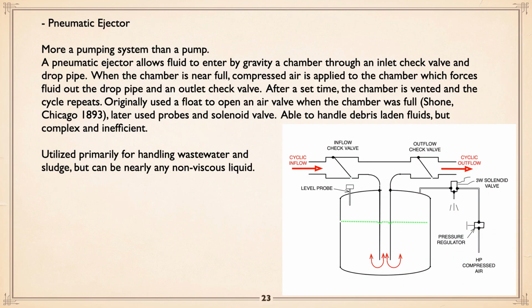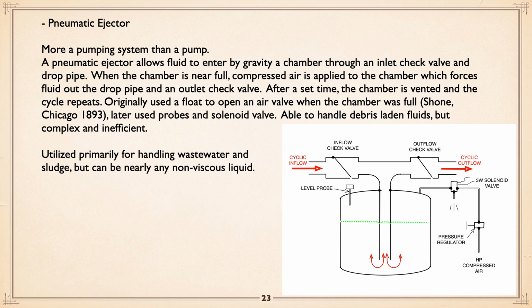Something from the past, which you don't see as much nowadays, is the pneumatic ejector, which is more a system than a pump. What it is, you have a chamber, and sewage comes in through a check valve into this chamber. Now, when it hits a certain point, the level, it'll hit a level probe.